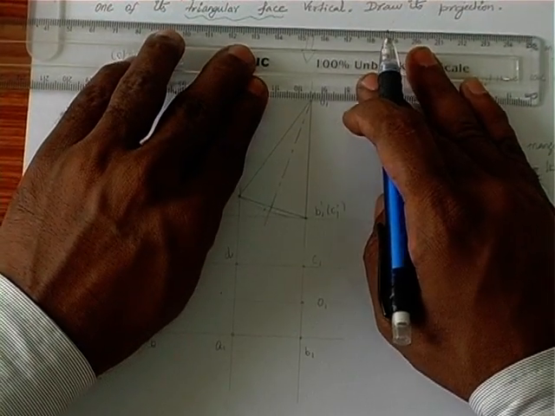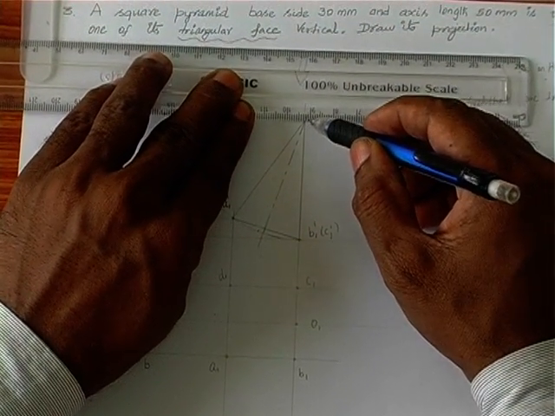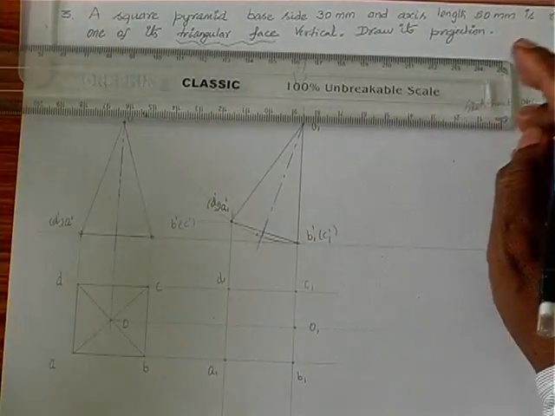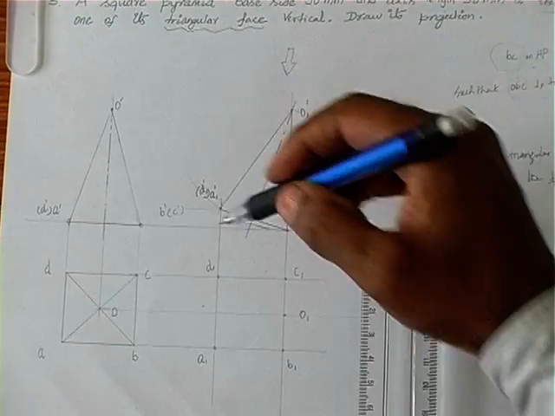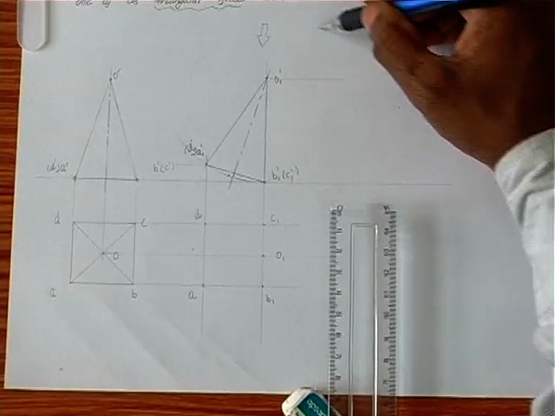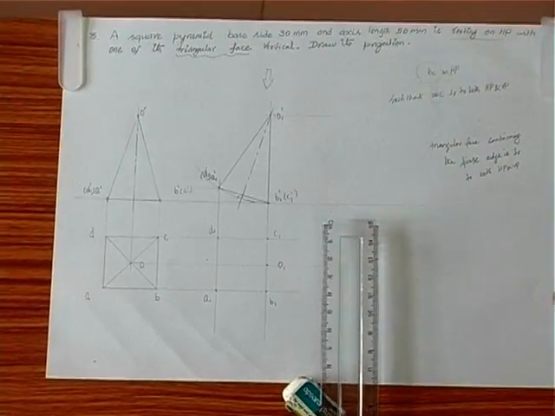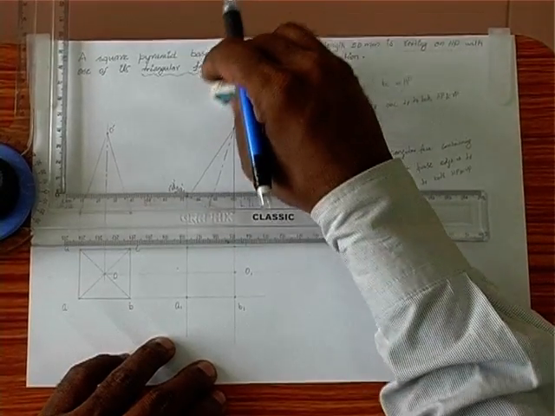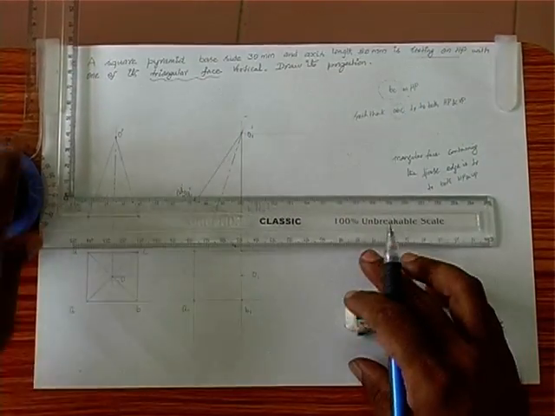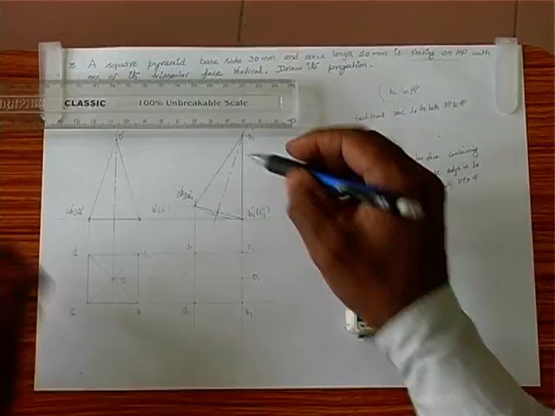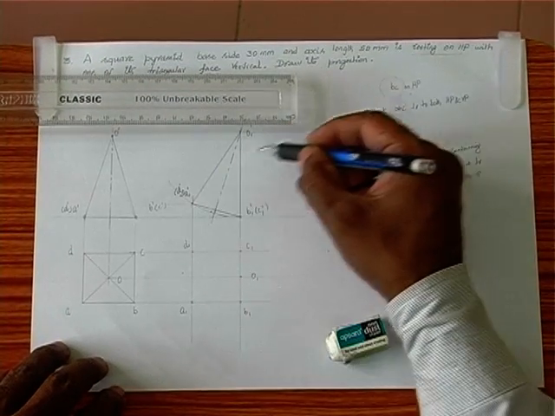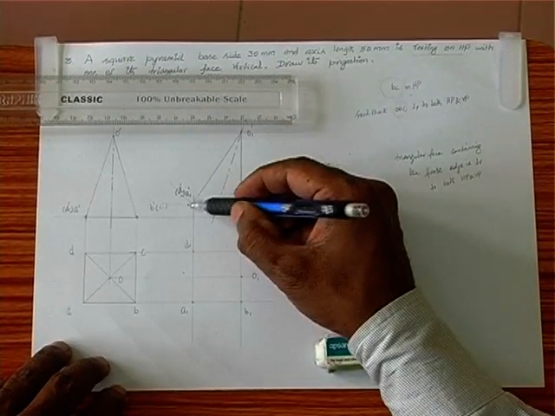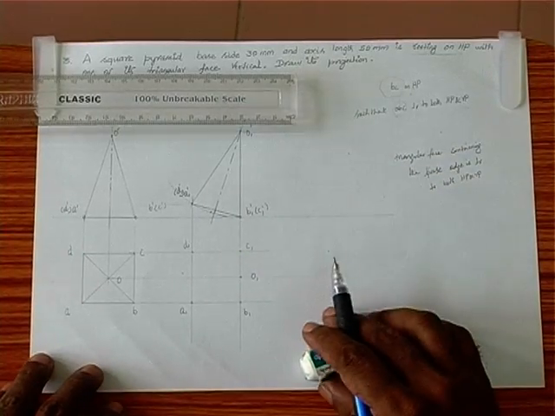We introduce another horizontal line. Whatever is within this region is visible. So therefore we have OD above these two lines, and OA. These two lines are visible.